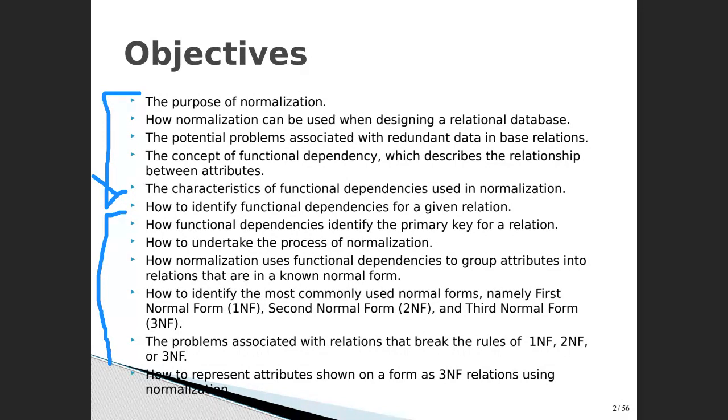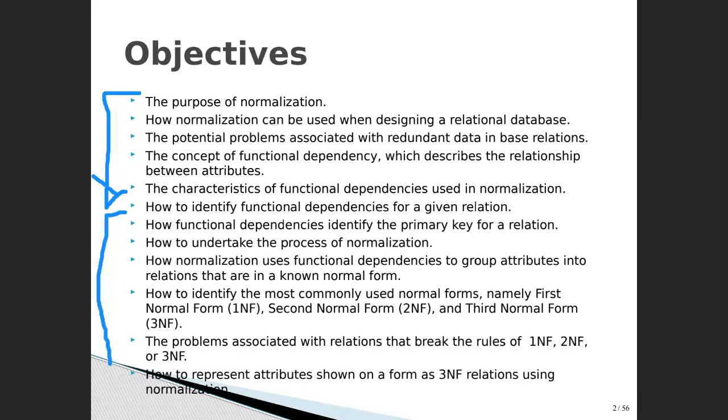In normalization, there will be a good set of allowable or suitable relations with no repeating groups or redundant data. Okay, so if there are any repeating groups or redundant data, the relation will suffer from some update anomalies, so there will be loss of consistency and reliability of the relations.